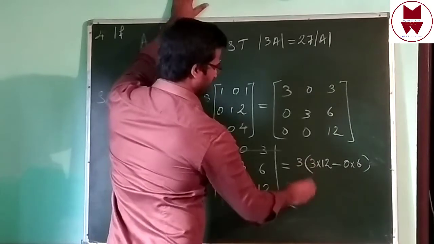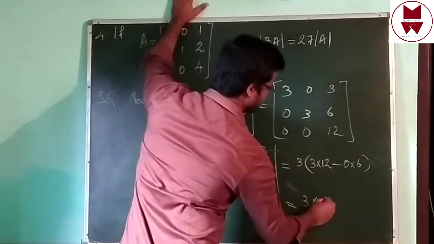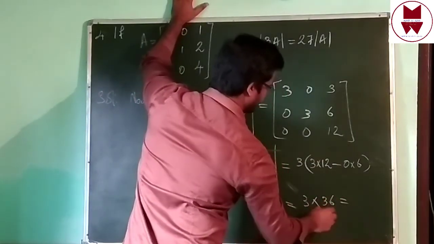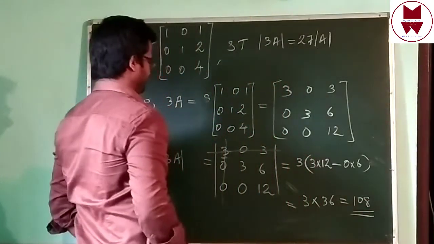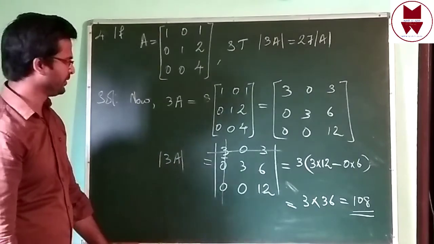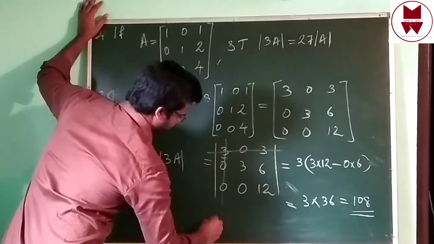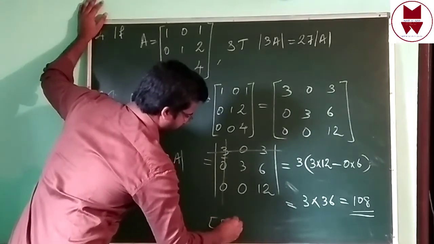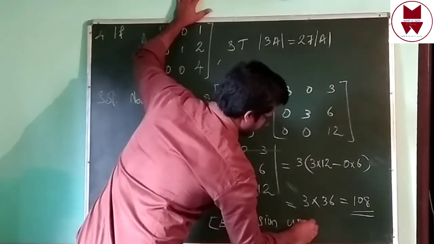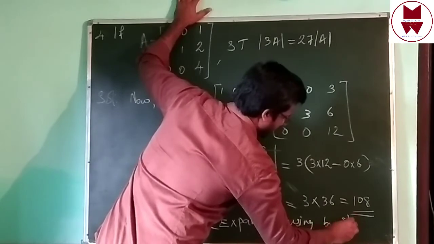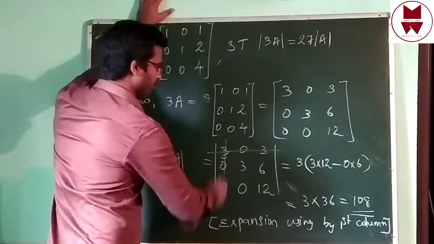Equal to 3 into (0 into 6 is 0, then 3 into 12 is 36), so 3 into 36 is 108. Then the determinant of 3A we got is 108. Write in brackets: expansion using the first column. We did expansion using the first column.